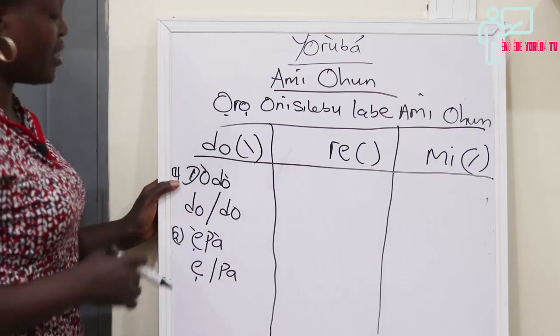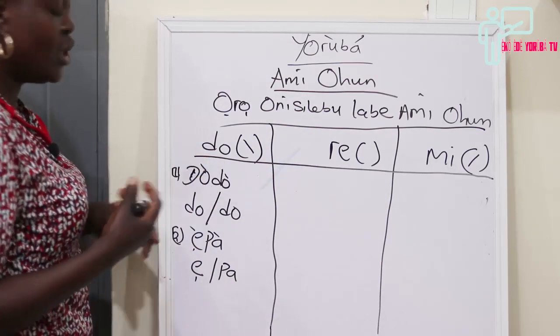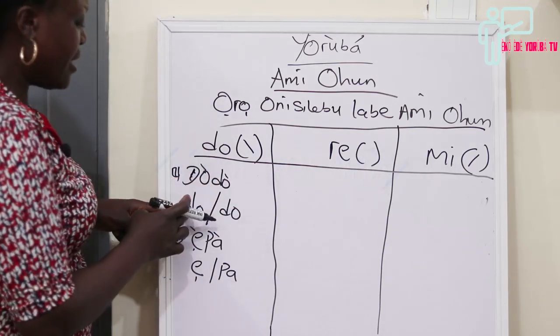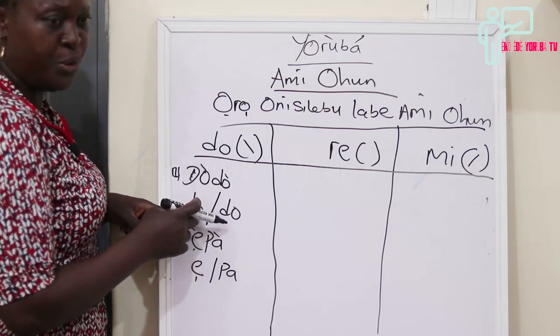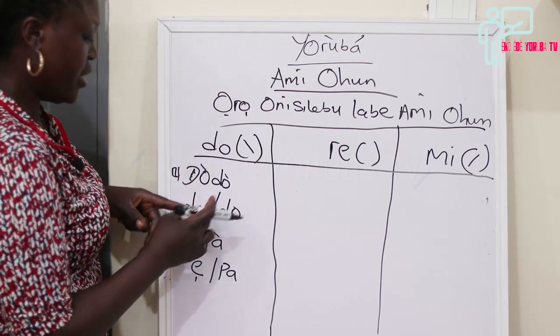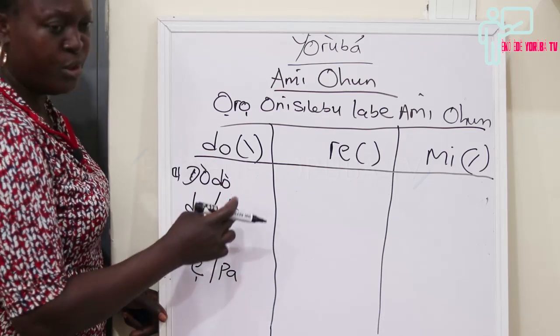Do. This is dodo, the one we make out of plantain for snacks. You can see that this is two syllables. This is a consonant. This is a vowel. This is a consonant. This is a vowel.